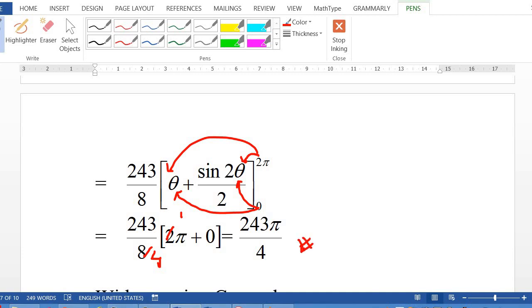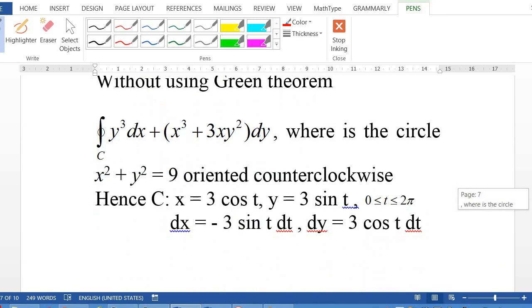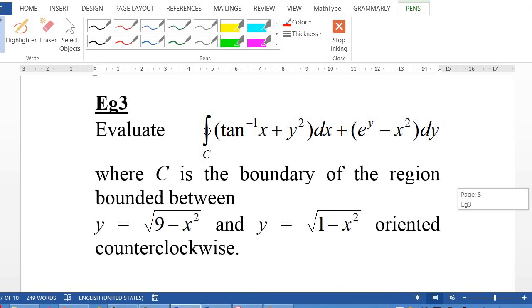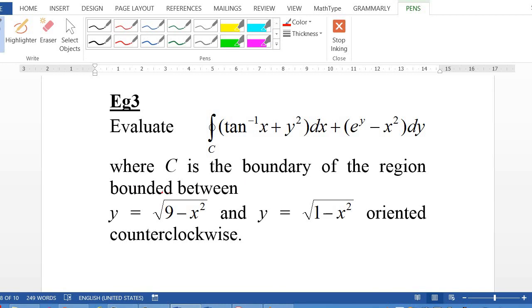This is the second example, where the region R is circular. Without using Green's theorem, we just skip it for your own exercise. Example 3, evaluate the line integral of arctan x plus y squared dx plus e to the y minus x squared dy, where C is the boundary of the region bounded between y equal to the square root of 9 minus x squared and y equal to the square root of 1 minus x squared.